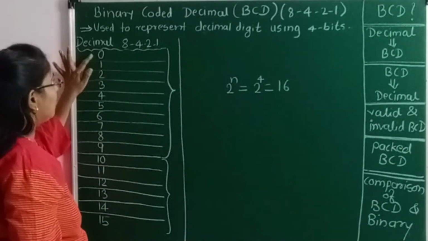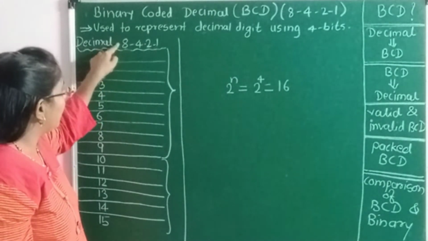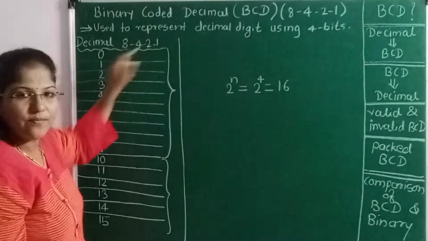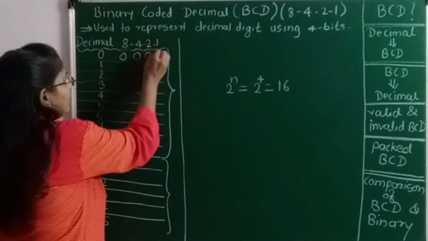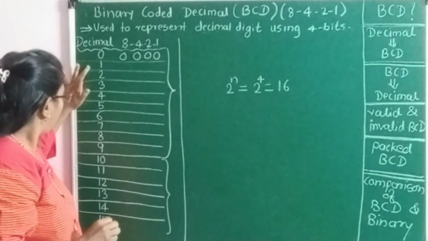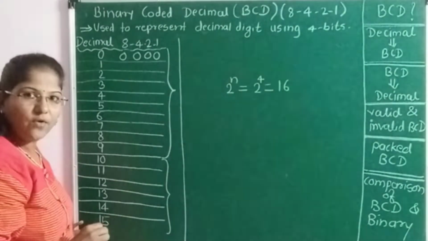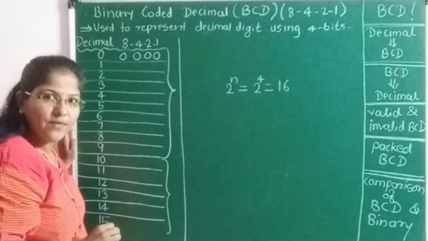So first 0, how to represent? We have to see all these weighted values. See here, none of the value is 0. So write everywhere 0, 4 times 0. Now to get the 4-bit value for all the remaining numbers, what we have to do? We have to select the weighted values and we have to add those weighted values.